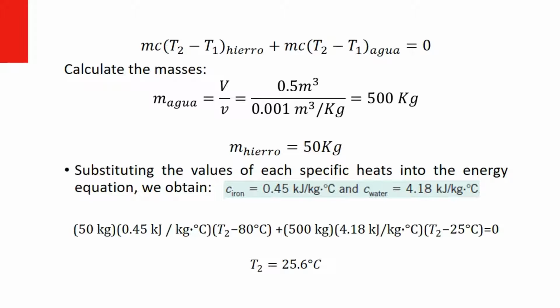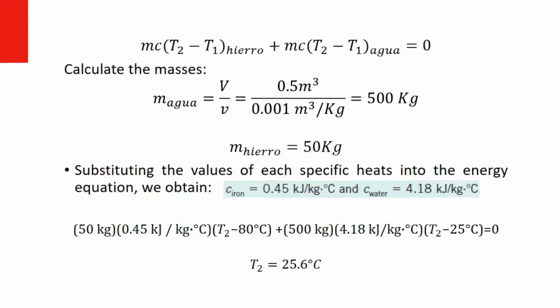The specific volume of liquid water at or about room temperature can be taken to be 0.001 cubic meters per kilogram. Then the mass of the water is 500 kilograms. The specific heats of iron and liquid water are determined from table A3.